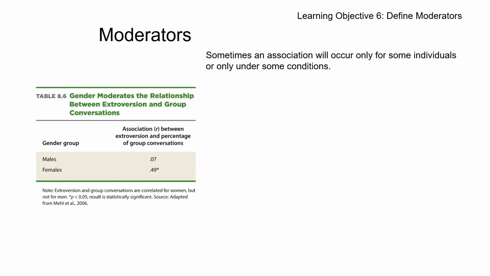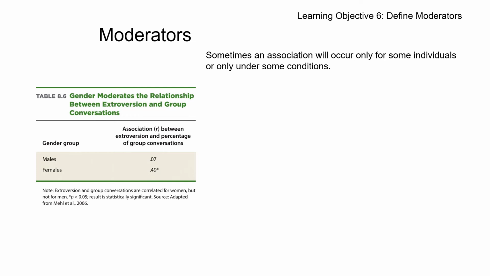Which leads us to moderators and mediators. These two are hard to differentiate. People get them confused all the time, but moderators are when a relationship is only present under some conditions. So on the previous slide, the relationship was really present under all conditions, but it was much stronger under some conditions.